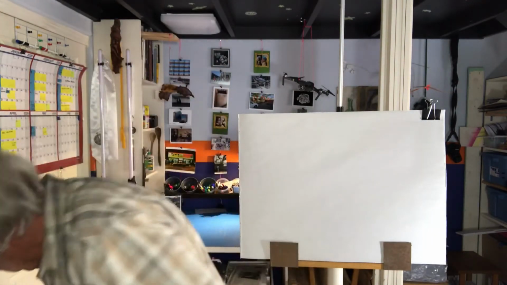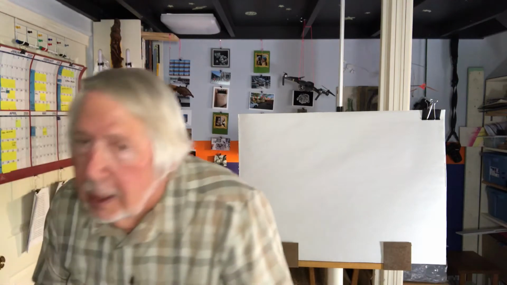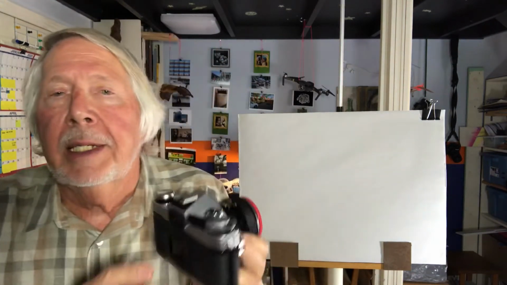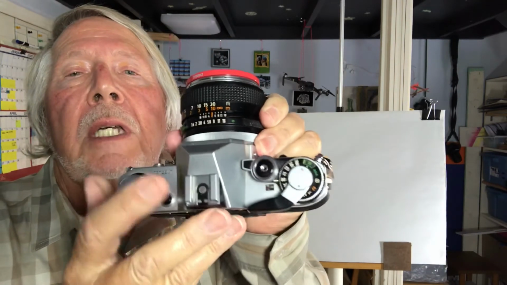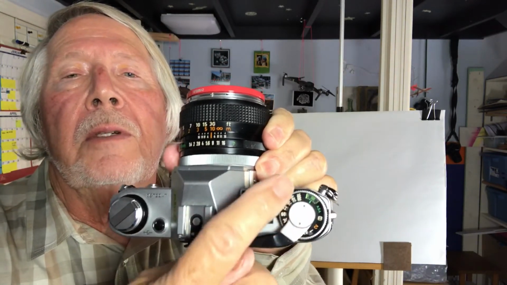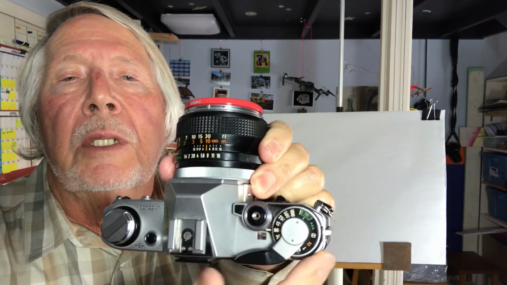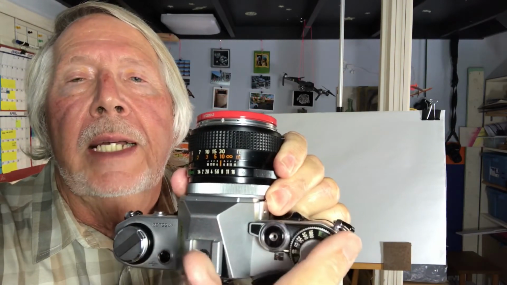So let's talk about standard shutter speeds. I have my old Canon A1. It's a nice old camera. And if you look up here on the top, you will find all sorts of numbers, and those numbers are not f-stops.